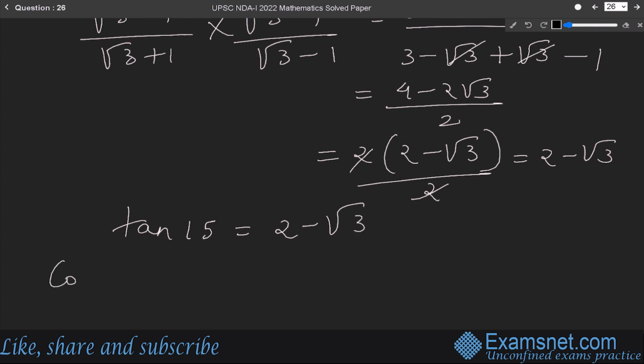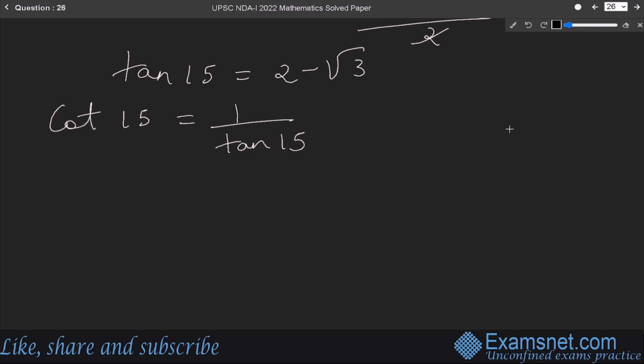Now let us look at another term, which is cot 15. I can write cot 15 as 1 upon tan 15. And we already know the value of tan 15, so it is 1 upon (2 minus root 3).